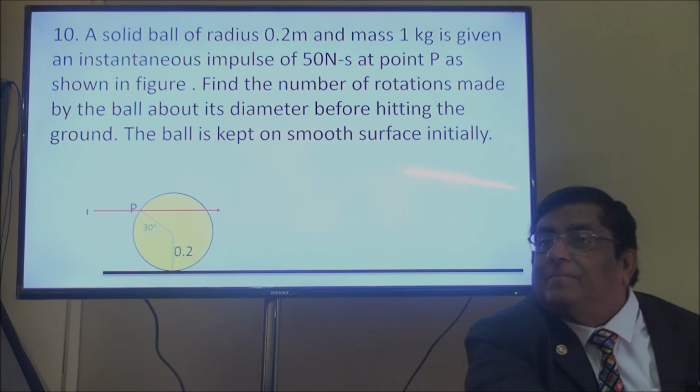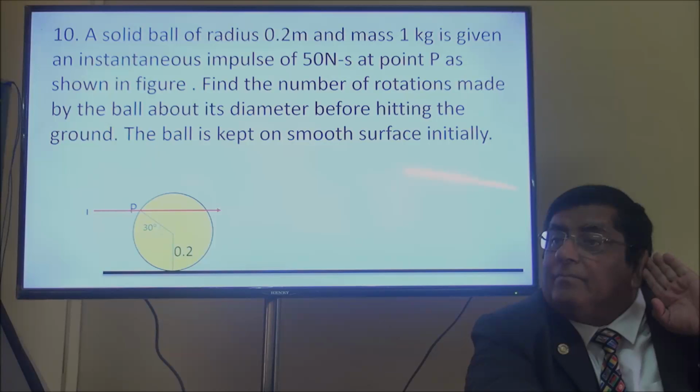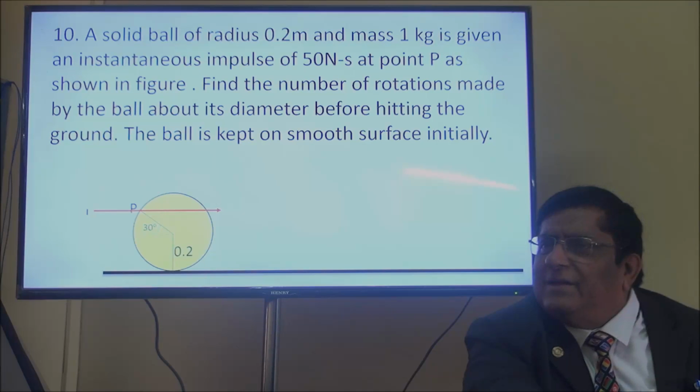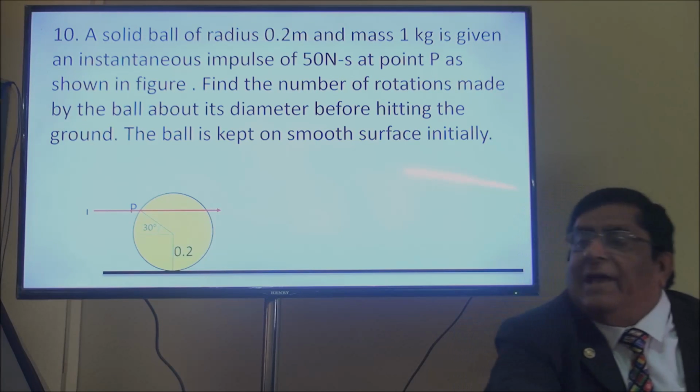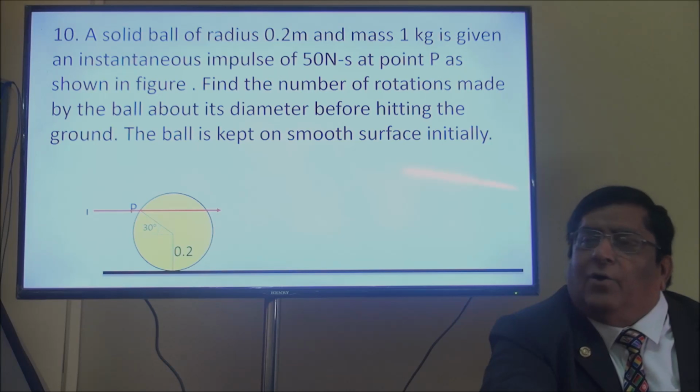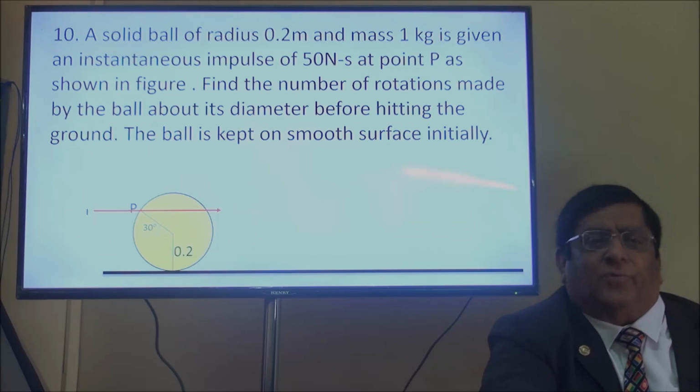Yeah, tell me. Pardon? Angular? Okay. How is n involved in the formula of angular velocity? Please tell me.